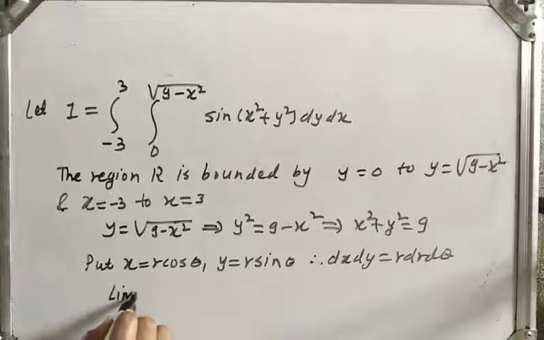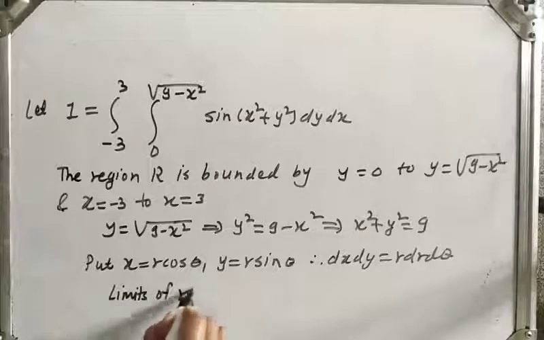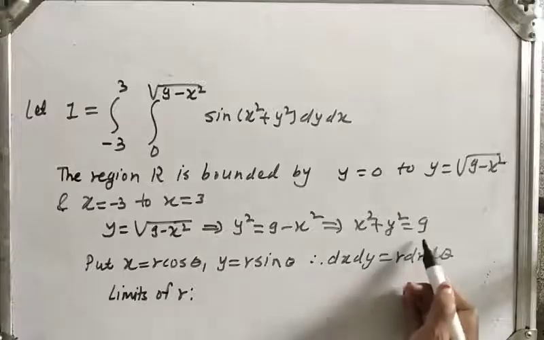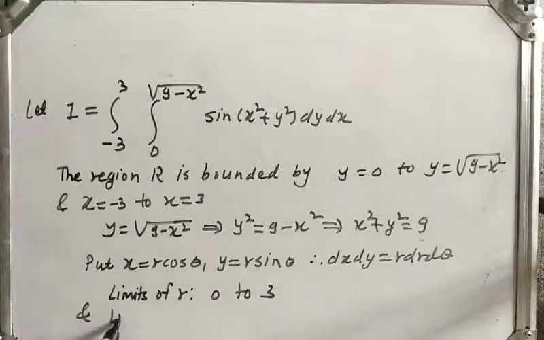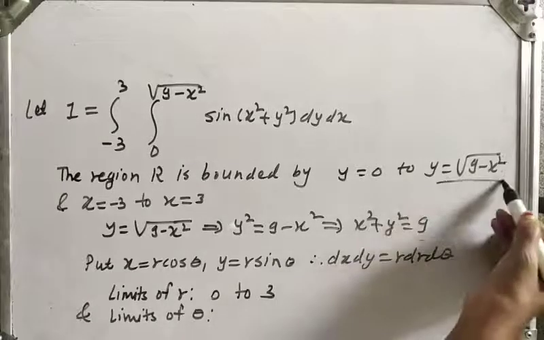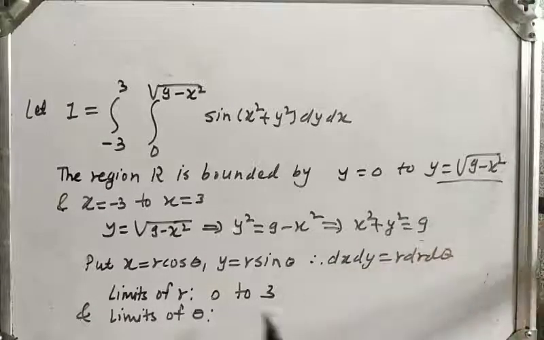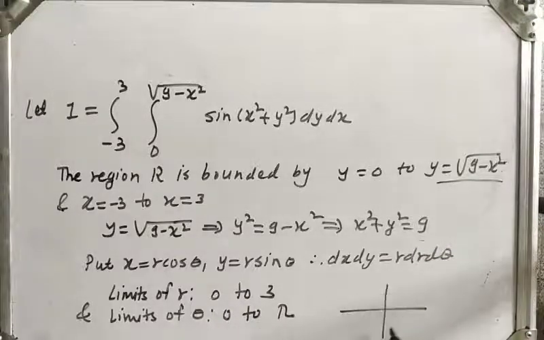Limits of r: r varies from radius 0 to radius 3, so the limits of r are 0 to 3. Limits of theta: theta varies from, now it is the positive square root, so theta will vary from 0 to pi.